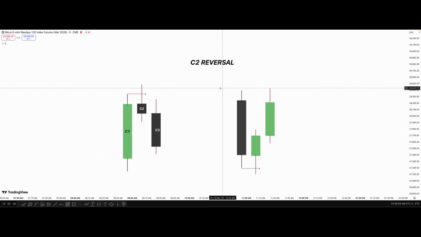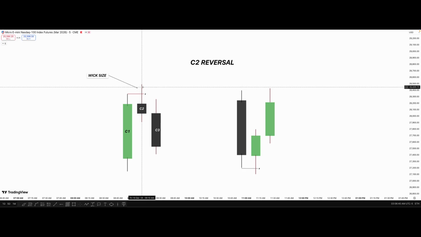Candle 2 reversal में क्या होता है? It will create a swing high, it will create a swing low, right? And then what is the filter here? सबसे अच्छा filter क्या होता है? To understand that the price has created a swing point, the price will have a large wick, right? The wick size is important to understand here.